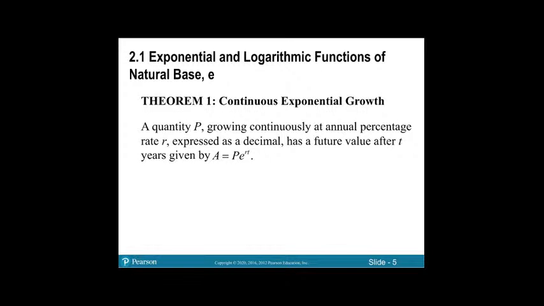Theorem 1, continuous exponential growth. A quantity P growing continuously at an annual percentage rate r, expressed as a decimal, has a future value after t years given by this.